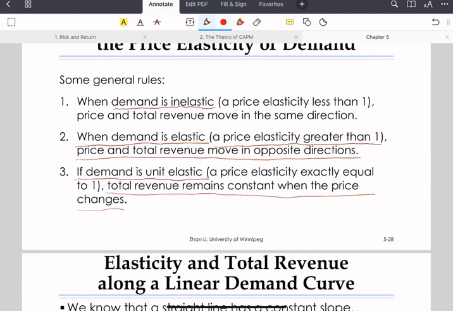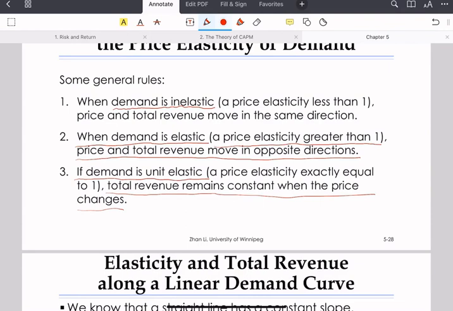This implies that even if you increase your price, your quantity demanded will only decrease a little bit because the demand is inelastic, right? So this basically means you could sell your products at a higher price, but the quantity demanded will barely change. So this basically implies you will have higher total revenue.